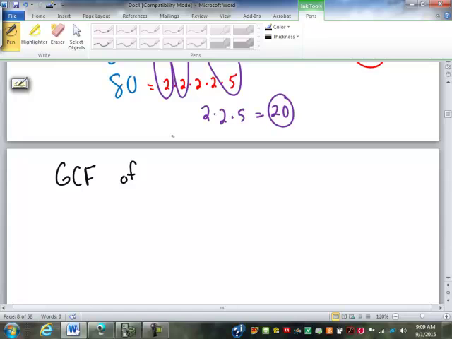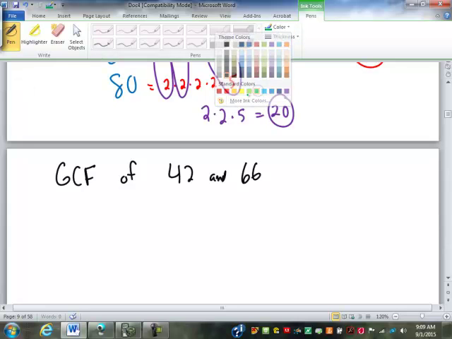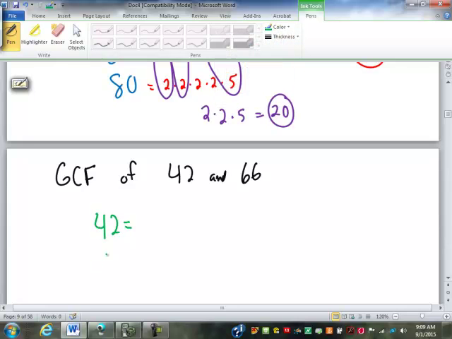So let's say I wanted to find the GCF of 42 and 66. Factor 42 quick. You factor 42, I'll factor 66.